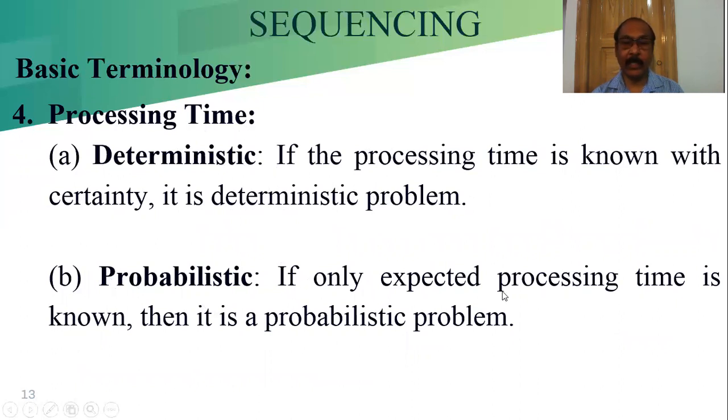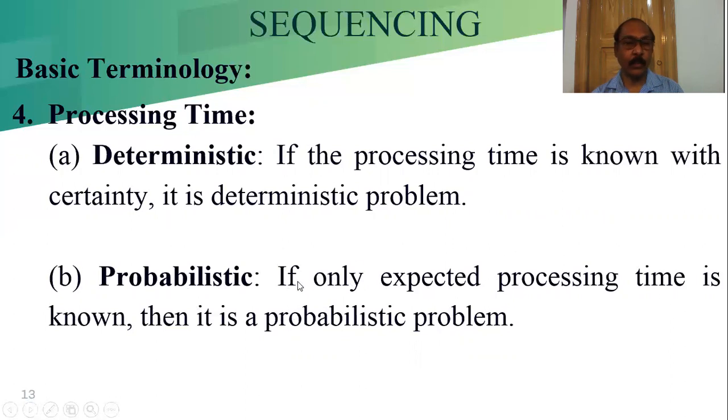Probabilistic: we do not know the exact time required to process the job on a machine, but we can expect that it will be completed in, suppose, t time, but it can take less than t, it can take more than t. That's why it is called the probabilistic model. We can only calculate the expected time.